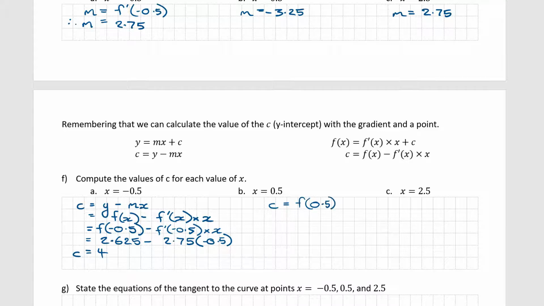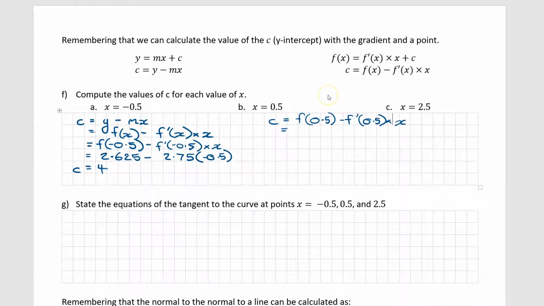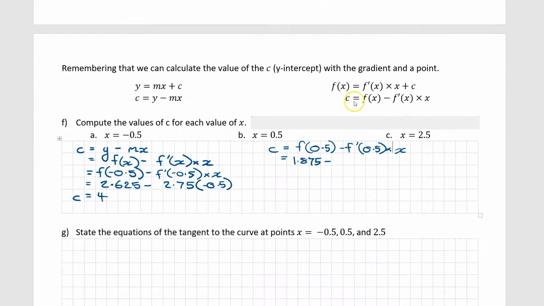Now, going over to b, following the same process, c equals f of 0.5 minus f dash of 0.5 times 0.5. Then substituting in the values, f of 0.5 is 1.875 minus f dash of 0.5, which is negative 3.25, times 0.5, like so.